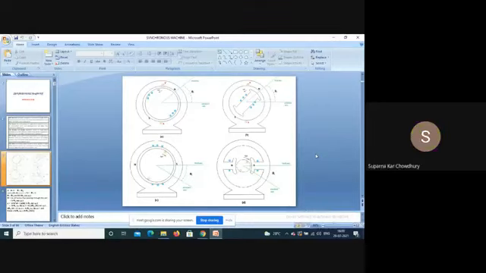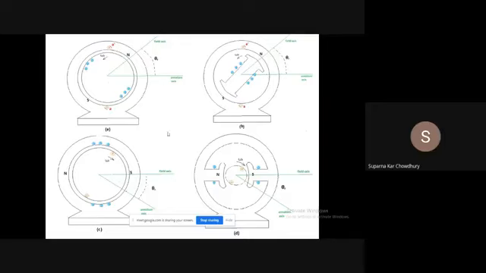So we were discussing the construction of the synchronous machine last day. Let me just recapitulate what we have done. We have seen that for a rotating machine, these are the four possible constructions we can have.